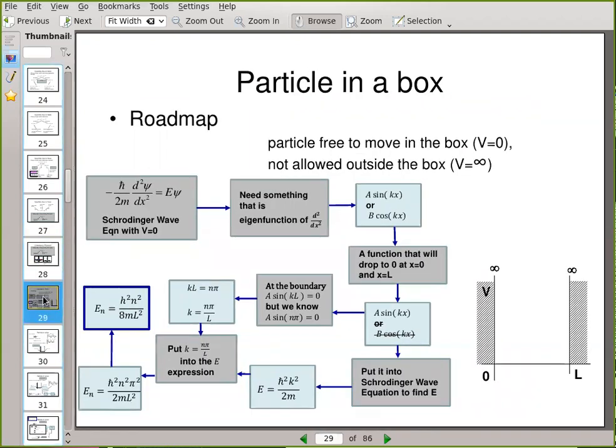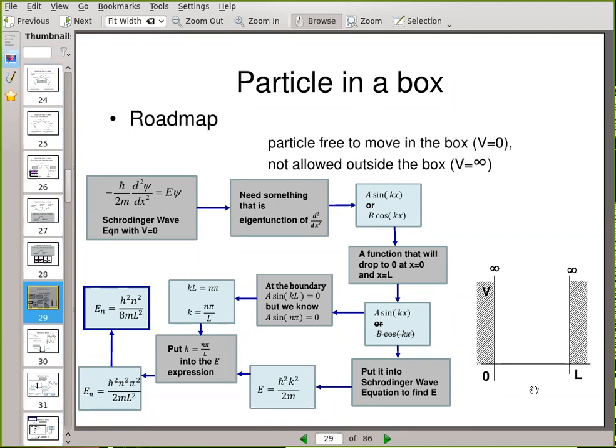Now, the next example that I'm going to do also has a particle that's free to move, but the particle's free to move inside a box. And I think I need to give a little bit of a roadmap of where you go in this, because it's easy to lose track of the bits of information that come through. So what we're doing with the particle is we're confining it to a particular region of space.